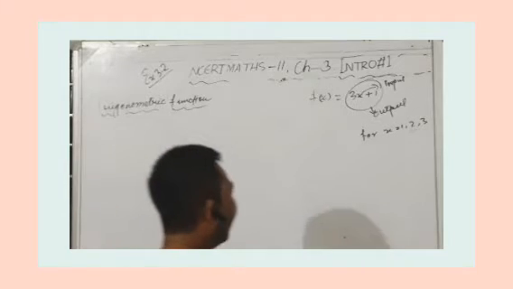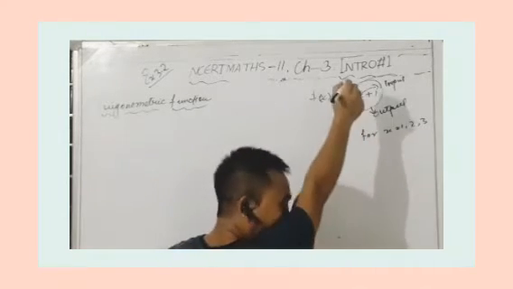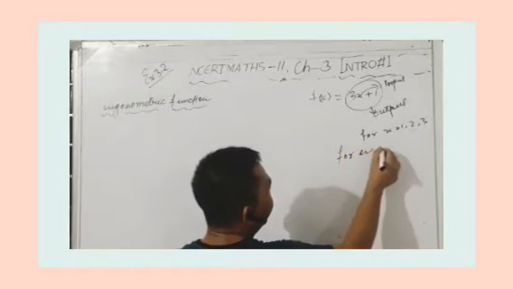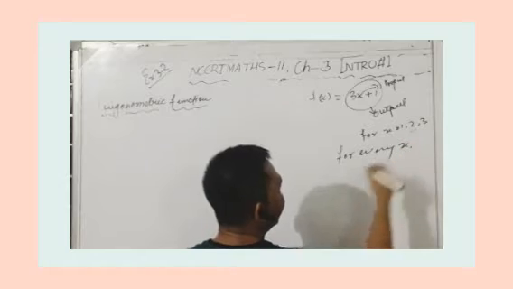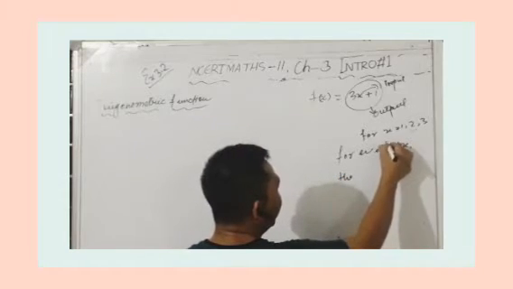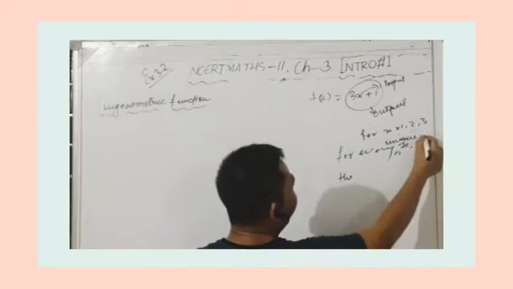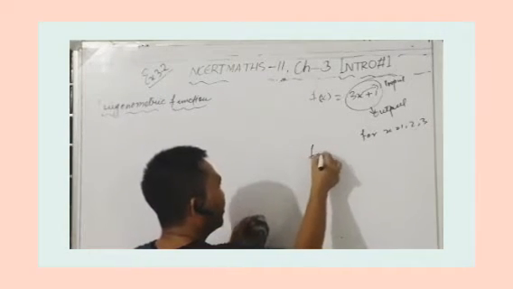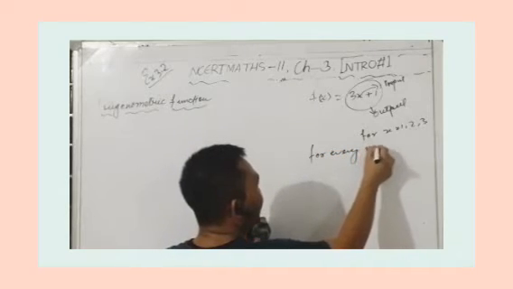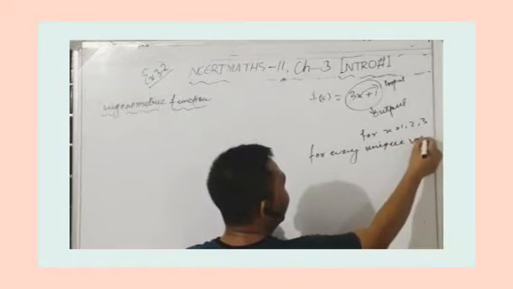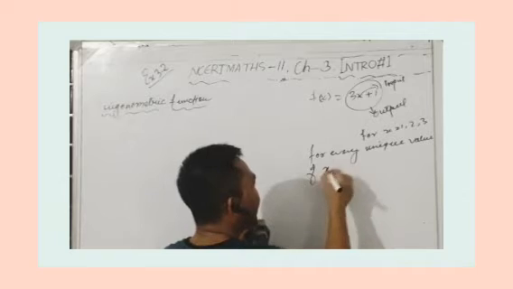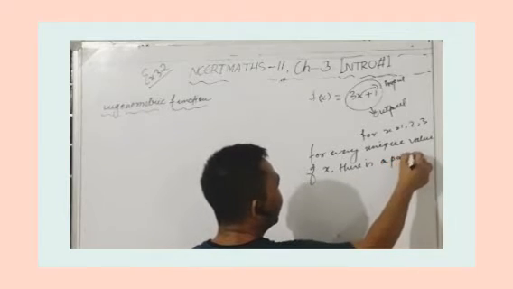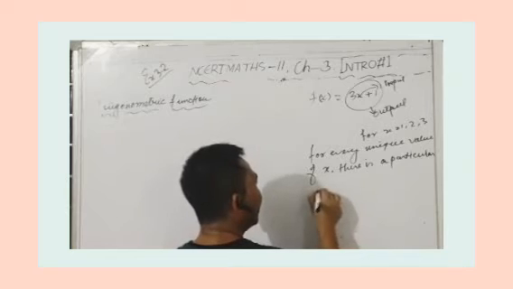So what can we write? To understand a function, I am just refreshing: for every unique value of x, there is a particular f(x).